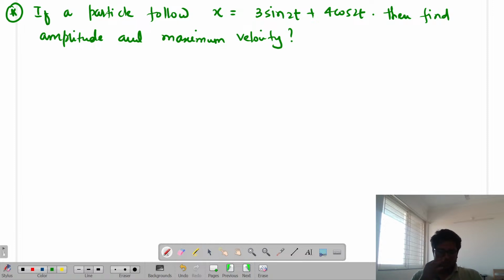If a particle is following x is equal to 3 sine 2t and 4 cos 2t, then find the amplitude and maximum velocity.